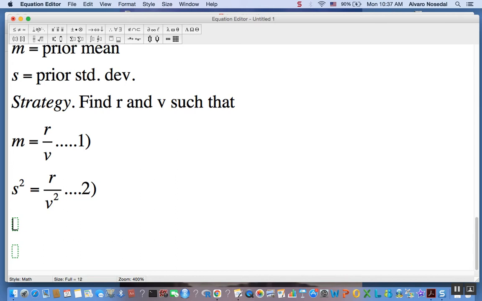There are a couple of different ways that I can think of to solve that system of equations. Well, not linear, that system of equations, right?